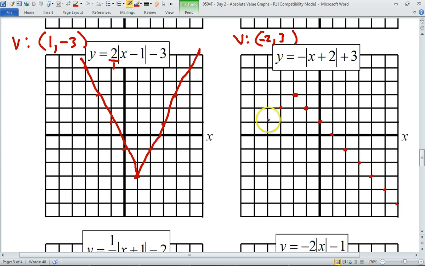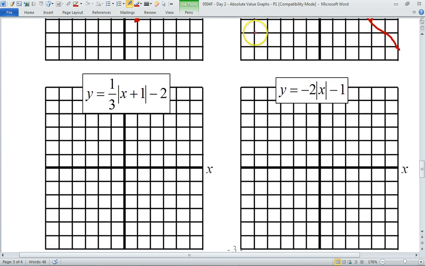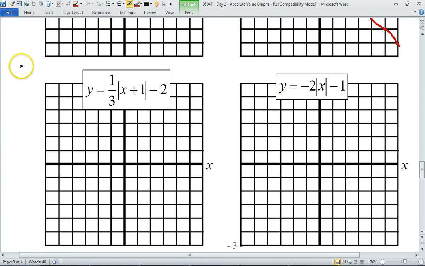And then mirror image, V it up. Okay, Paige, give me the vertex for this one. -1, -2, and just tell me where to go from here. Very good. Up 1, up 3, V it up.